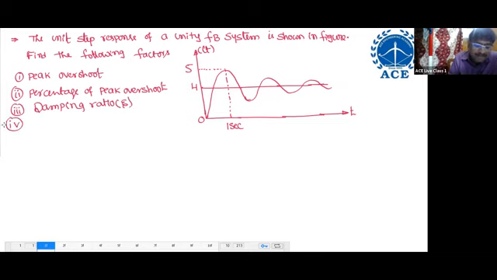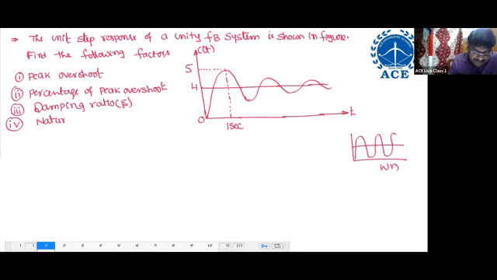Fourth one, natural frequency of oscillations. This is called damped frequency of oscillation, omega D. Natural means constant amplitude. This is omega N. Decreasing amplitude is omega D.